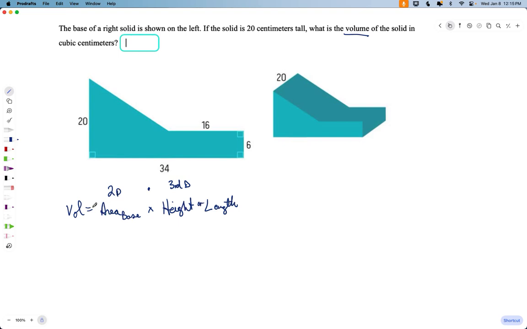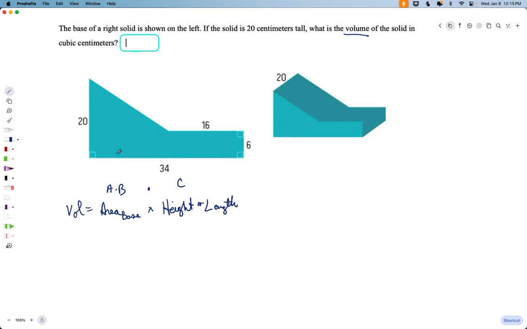So area we know is something times something. You've got A times B, and then this third dimension here is C. So A times B for area, and then you take the area times the height or the length. That's that third dimension that gives you volume.